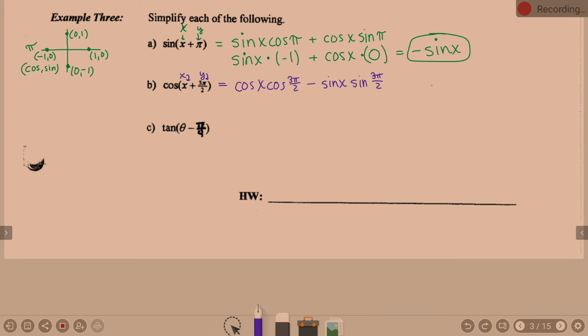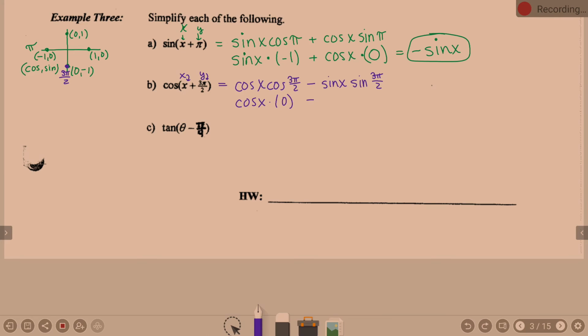Okay, clean it up. Cosine of x is cosine of x. Cosine of 3 pi over 2. If I go back and use my picture from earlier, cosine of 3 pi over 2 is right there. 0. I do agree with the 0. Minus.